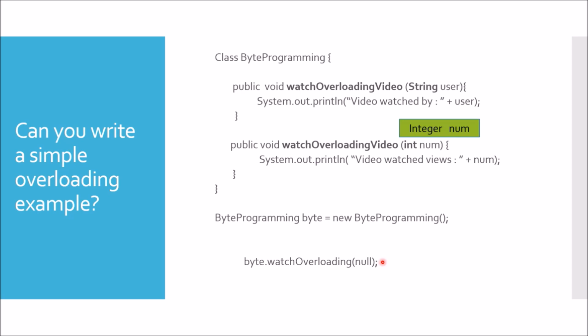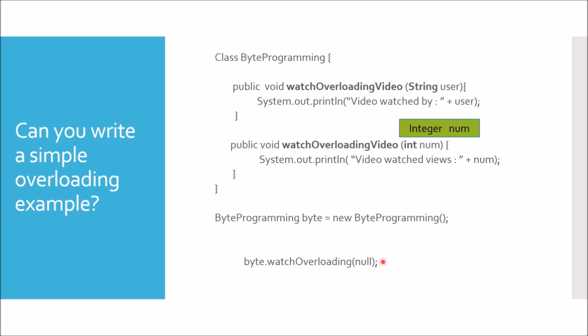Now here I am passing null as the parameter. If you have practiced a question like this, it would be very easy for you. Or if you know the concept of data types, what is an object data type and what is a primitive data type, it would be easier for you to answer a question like this.